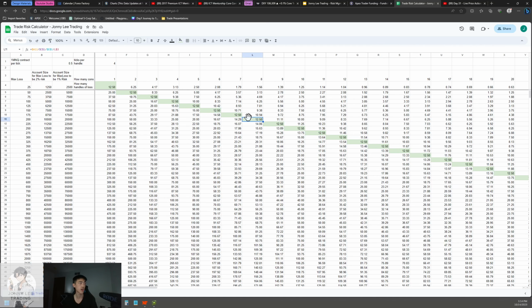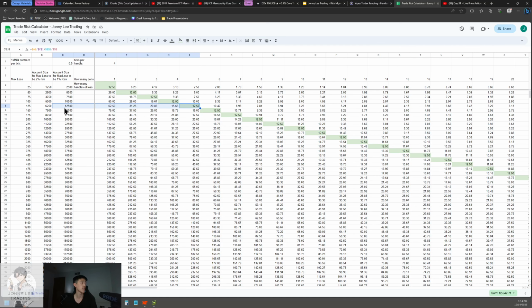I go through and calculate the number of contracts for micro NASDAQ. I calculate how many contracts, and when I can start to use that stop loss. Let's say I get up to a point where my account is, I don't know, I want to see when I can start using five micro contracts. Well, what does this say?